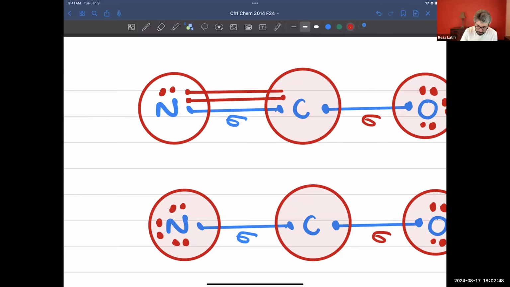Okay. Now I got a triple bond. The second and third bond, we call them pi bonds.